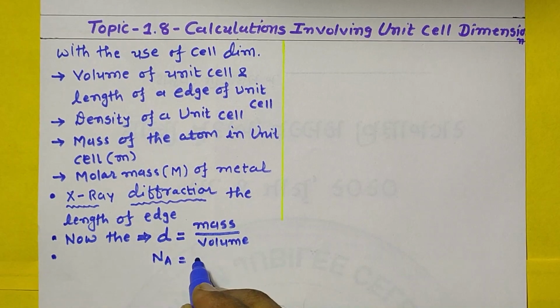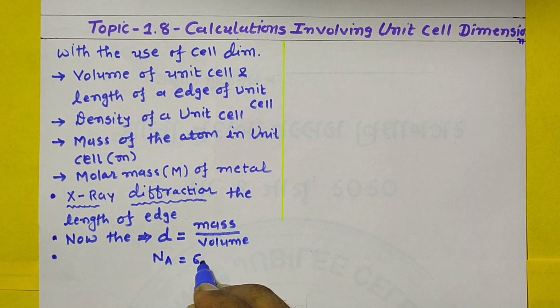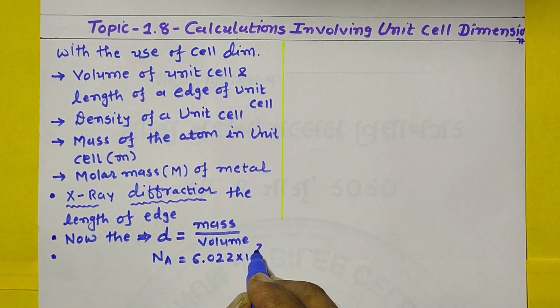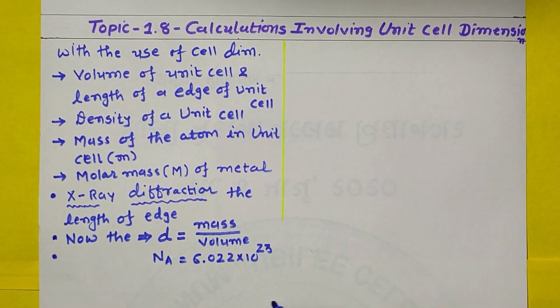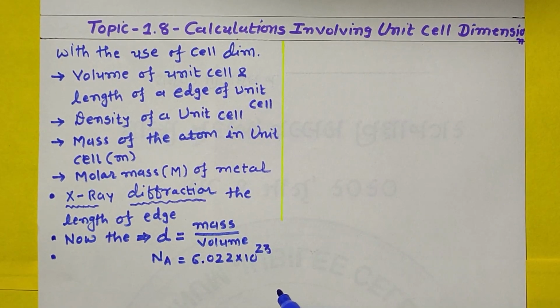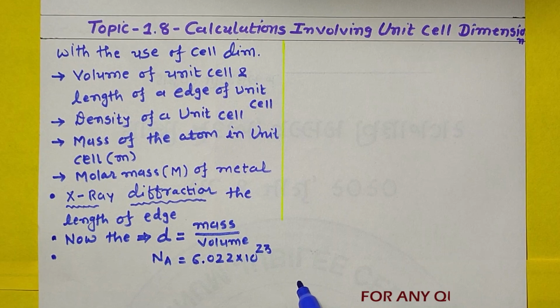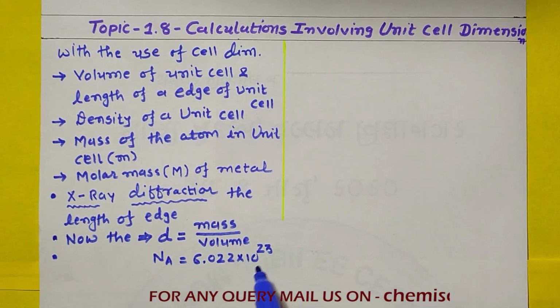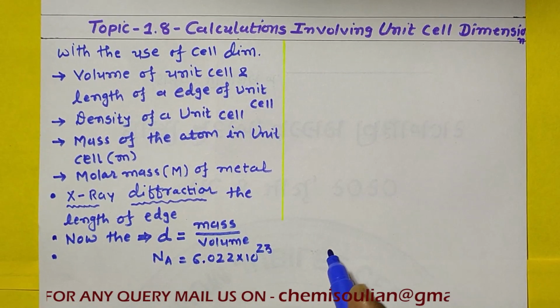NA value means Avogadro number. You should know that the value of Avogadro number is 6.022 into 10 raised to 23. This is the final value of the Avogadro number. Avogadro identified the number 6.022 into 10 raised to 23. This is for 1 mole.